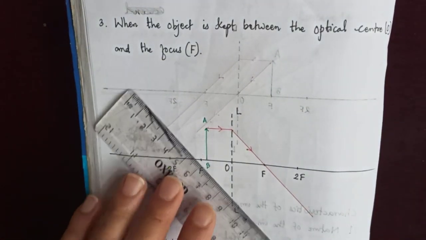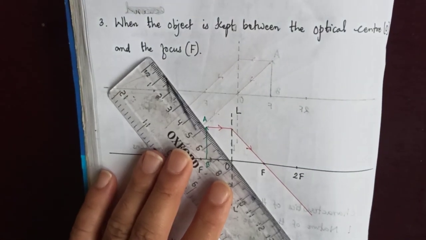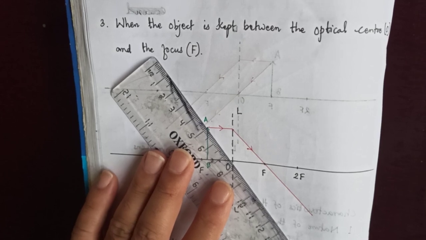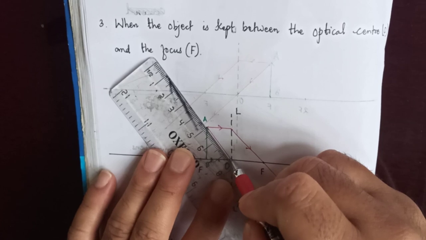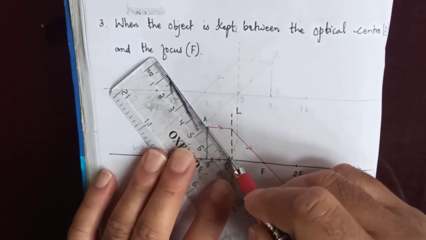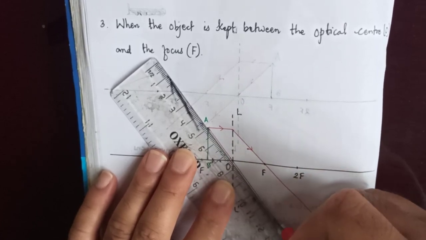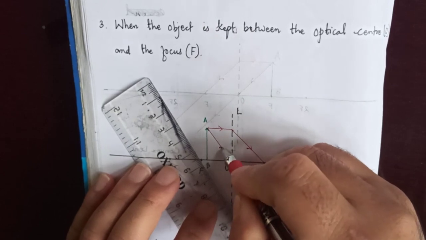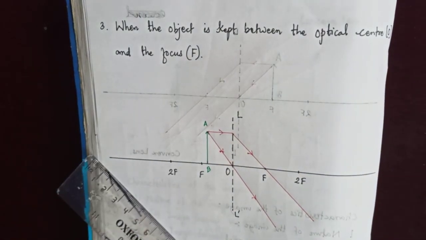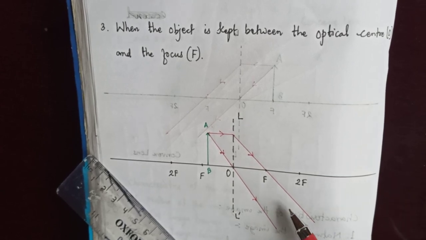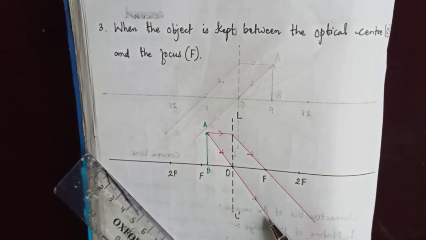Another ray of light we take from the same point A, and this ray of light passes to the optical center. And you know, when the ray of light passes to the optical center, it passes without any deviation. Goes straight like this.